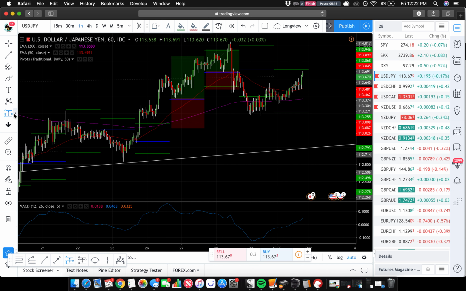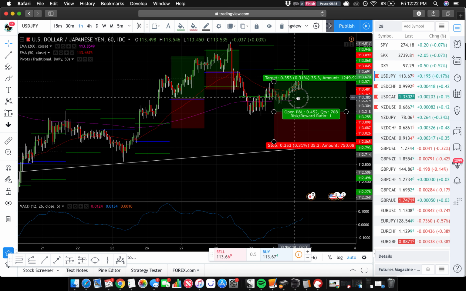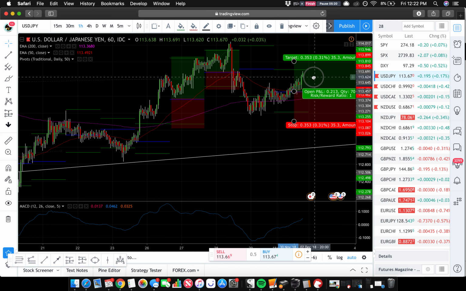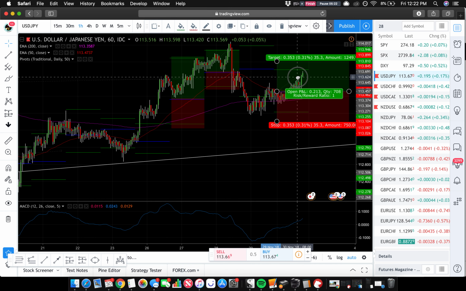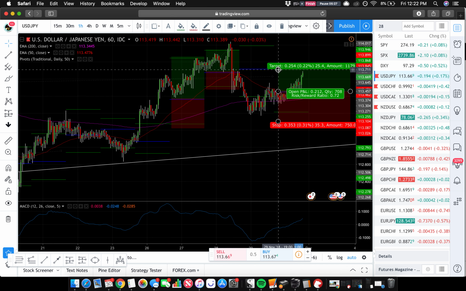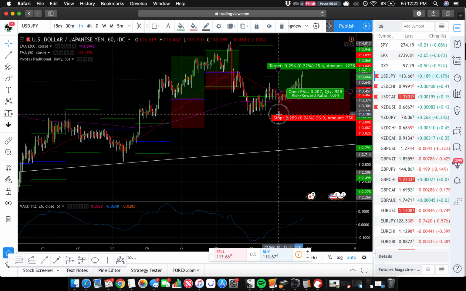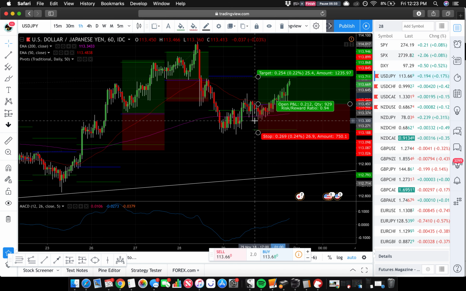So you can literally draw your probabilities and where you think the market's going to go. So something like this, I could say I'm going to take that long and I want to drop right below the first R1 level and below S1.